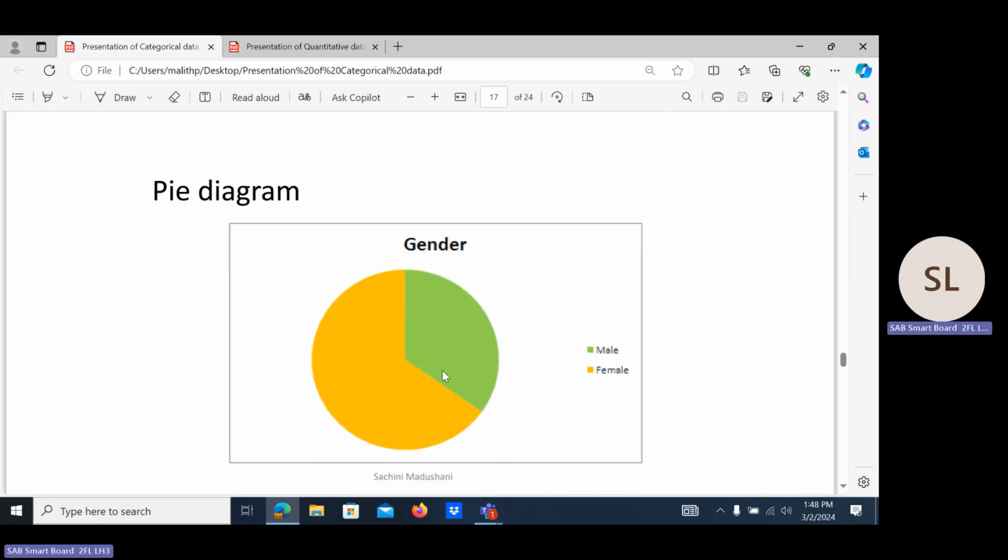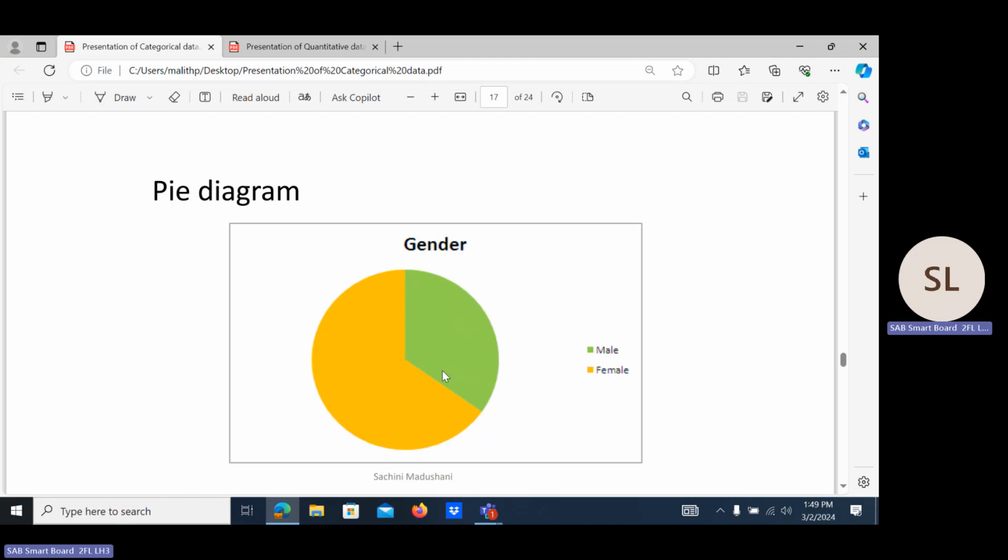The next one is what? Not the bar diagram, sorry, the pie diagram. We can say pie chart. The pie chart is a simple descriptive display of data that sum to a given total.